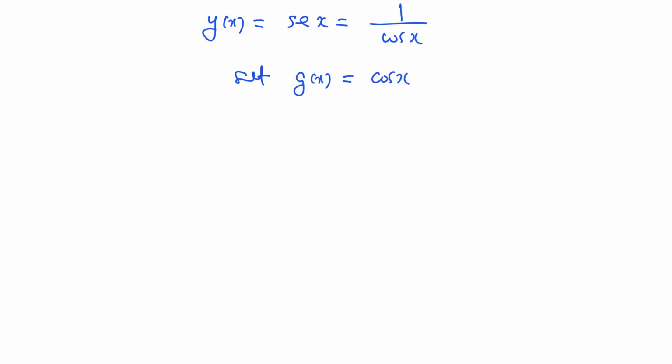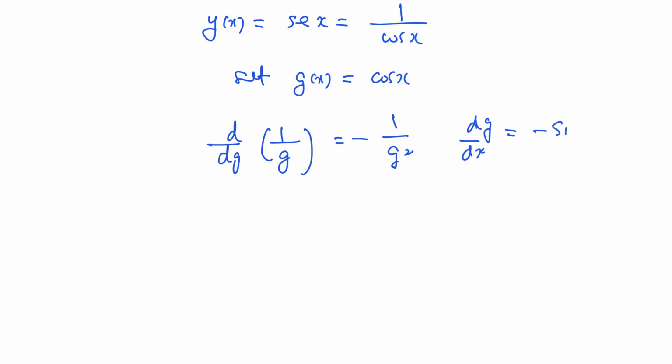Then d/dg of 1 over g is what? Simply minus 1 over g squared, right? And dg/dx is minus sine x.